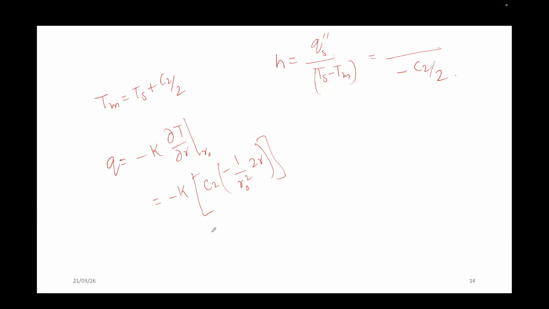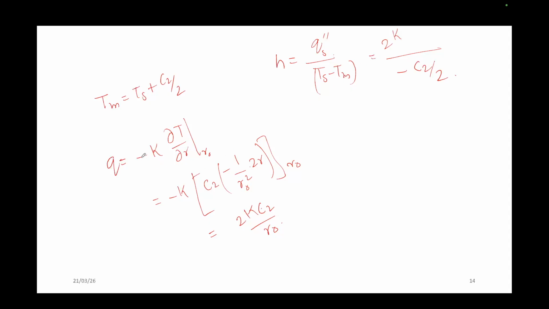So if you put this one, r naught, so r naught will cancel out. So you will get 2K C2 by R naught. Is it correct? So I can put 2K.